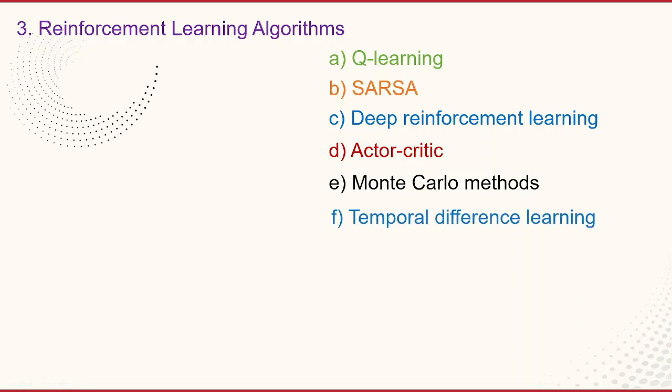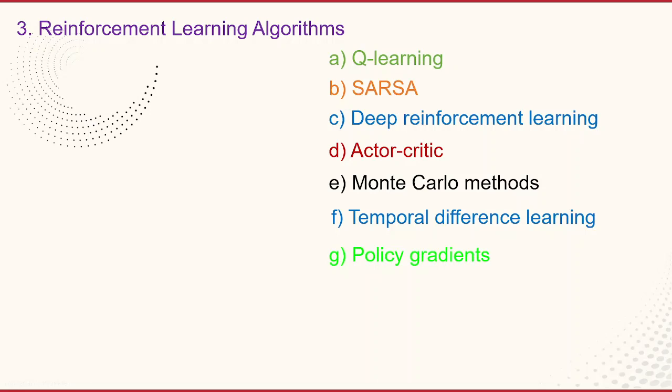Next is temporal difference learning. This algorithm learns by updating the value function based on the difference between the estimated value and the actual reward received. It is often used for solving problems where the dynamics of the environment are known. Next is policy gradients.